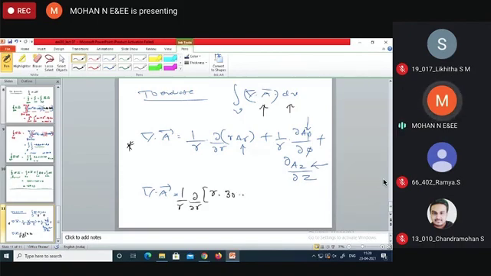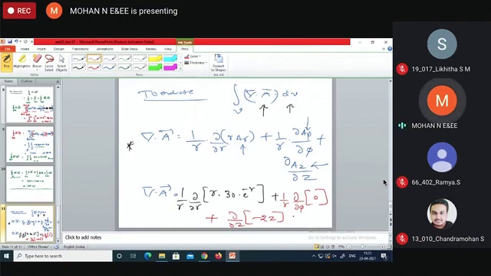That is nothing but 30 into e power minus R, plus 1 by R dou by dou phi of the component of A along phi. That is 0 from the given expression, and plus dou by dou Z of the component of A along Z, that is minus 2Z.